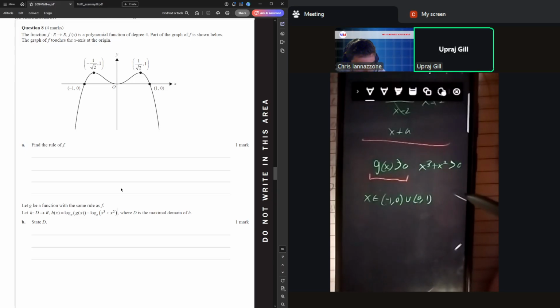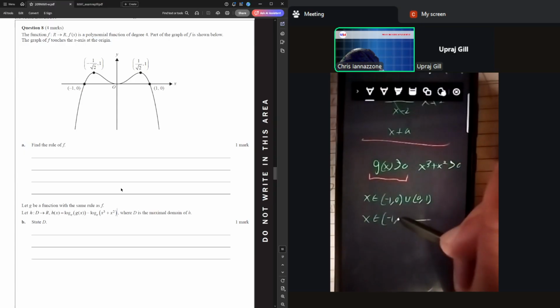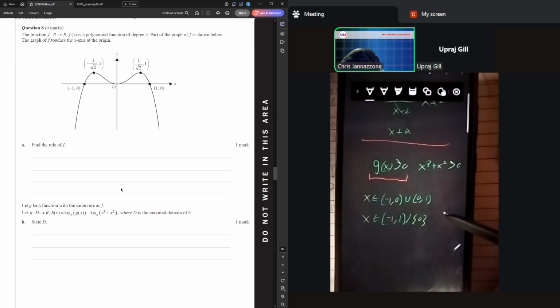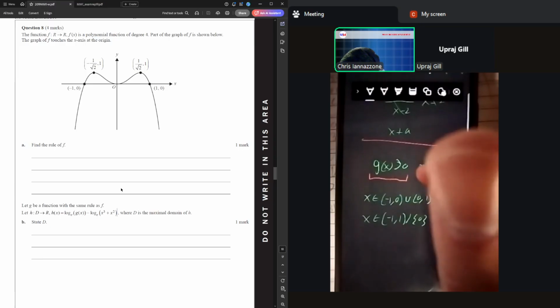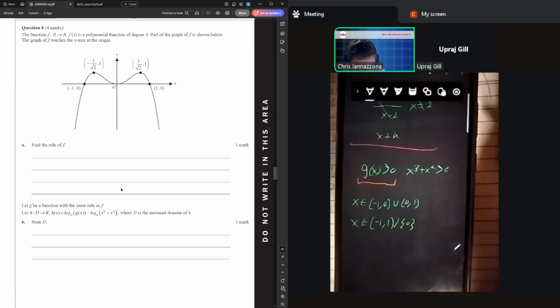Does it not work when we do -1 to 1 excluding 0? Yeah, that should be good. x is an element of -1 to 1, excluding 0. Saying non-zero, I think that should be good. But that's the first one there, g.